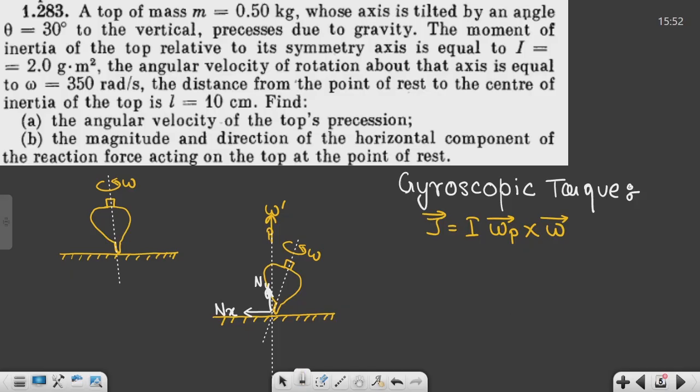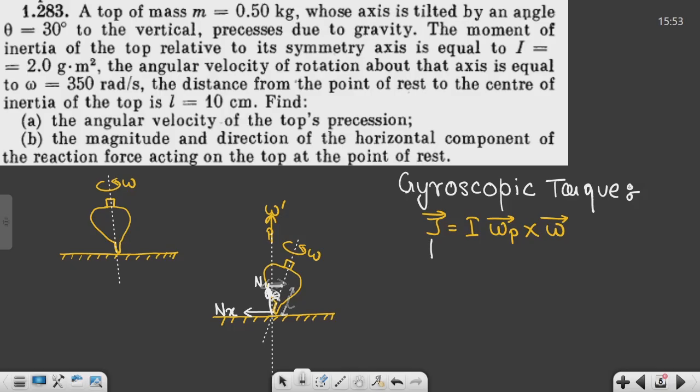Say I'm taking this as my origin, at the instant it is rotating like this. If I take my torque about this origin, what is the value of torque? The value of torque is nothing but mg into L, and this component of L. Let me say this distance is L. This angle is theta, so this distance would be L sine theta.